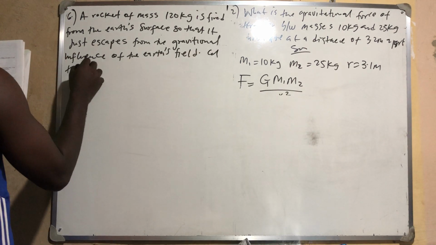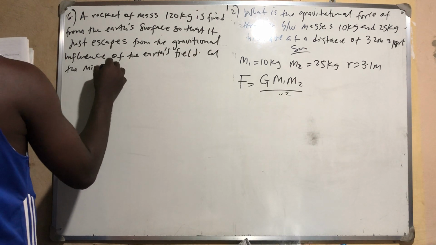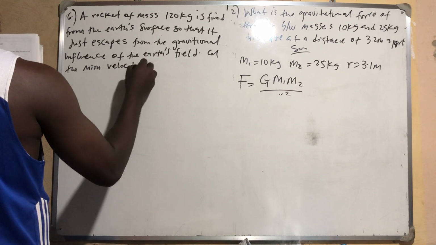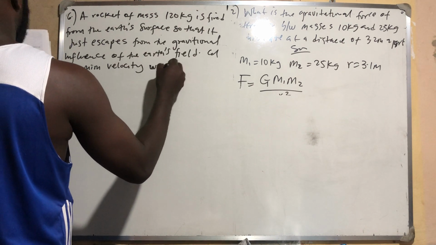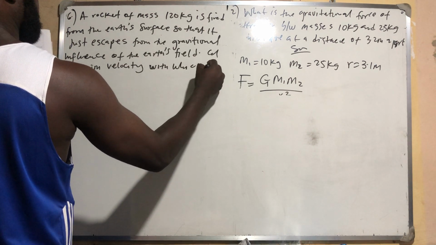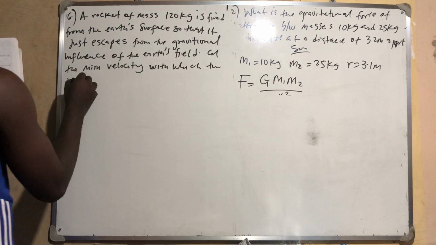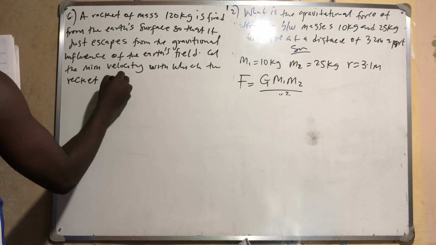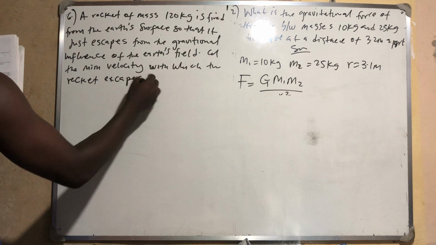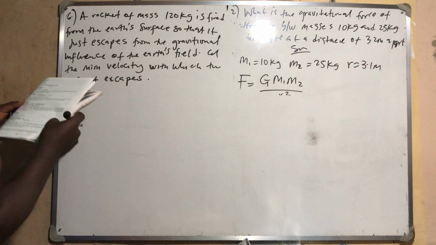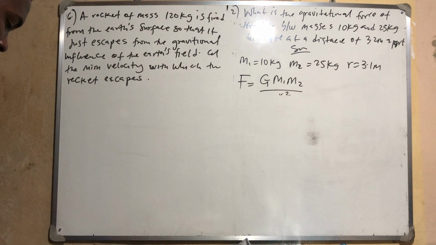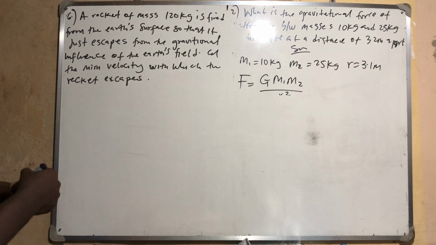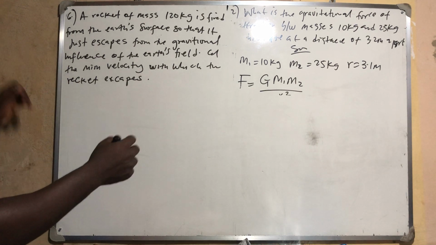Calculate the minimum velocity with which the rocket escapes. Okay, so we want to calculate the minimum velocity at which this thing escapes. Now they told you that it has already escaped the gravitational influence.